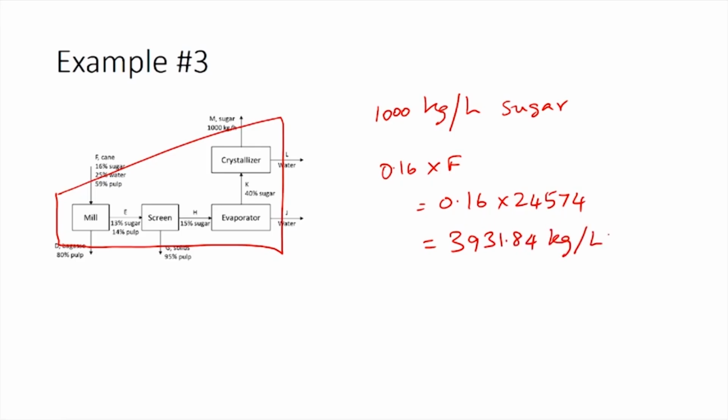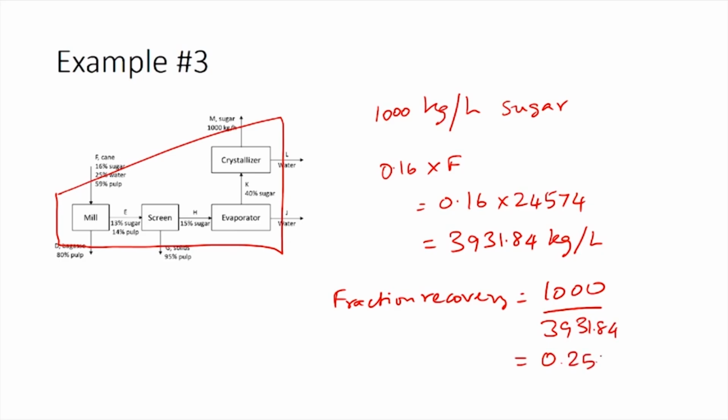So, the total amount of sugar fed to the system is 3931.84 kilograms per hour, out of which only 1000 kilograms has been recovered. So, the fraction recovery would be 1000 divided by 3931.84, which gives you a value of 0.254. So, about 25% of the sugar which has been fed into the system has actually been recovered.